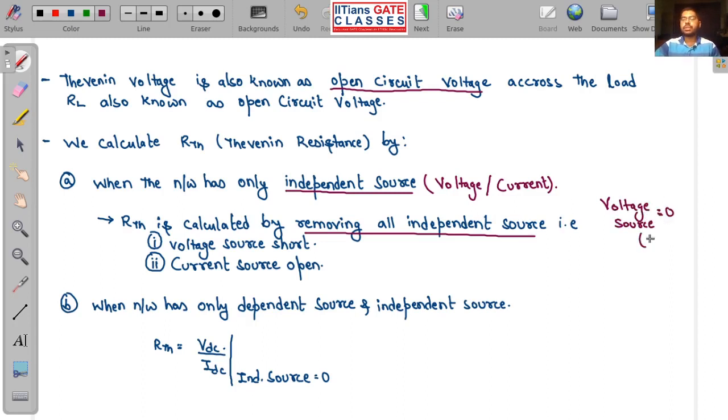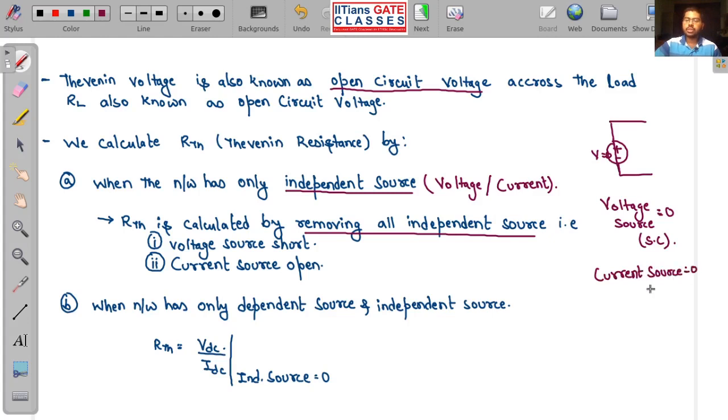Voltage source 0 means the branch in which the voltage source is connected, suppose this is my voltage source. Now if V is equal to 0, that means this branch is shorted. So voltage source equal to 0 means it will be replaced by a short circuit.